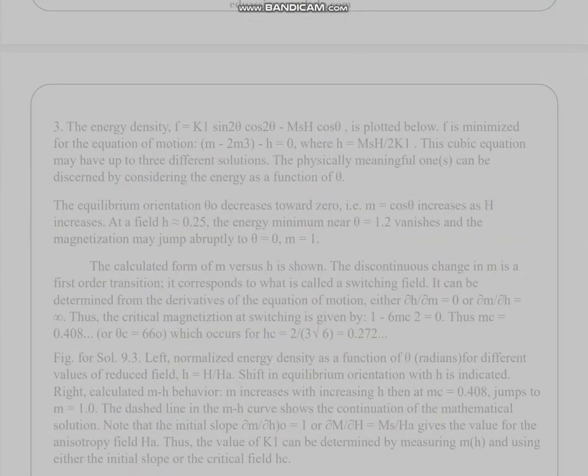3. The energy density, F equals K1 sin^2 theta cos^2 theta minus Ms H cos theta, is plotted below. F is minimized for the equation of motion, m^3 minus m plus h equals 0, where h equals Ms H/2K1. This cubic equation may have up to 3 different solutions.